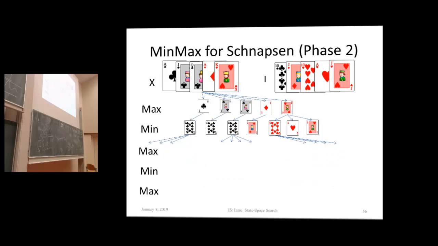So if you start here with playing the ace, then the opponent has the 5 choices of playing the 10, and I've not expanded all of them, but obviously in principle you would build exactly the same kind of tree as we've just seen with the top. That gives me a representation of the Schnapsen problem in the second part.